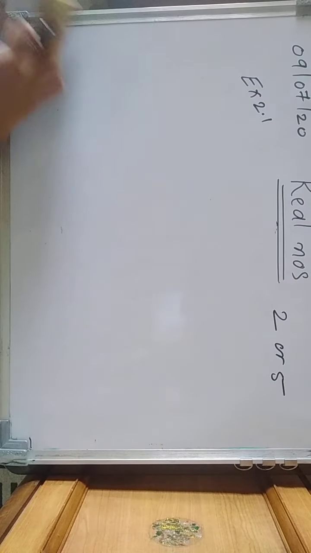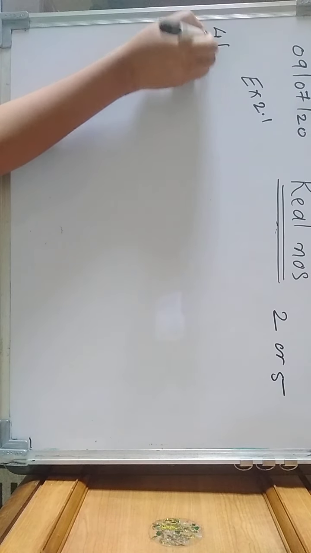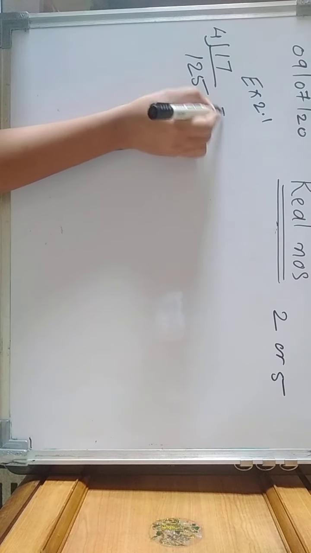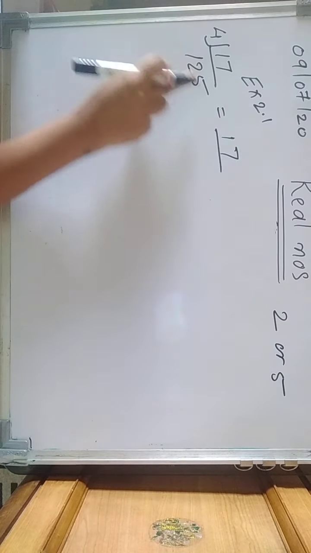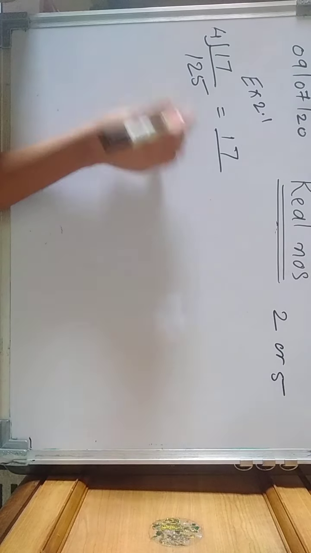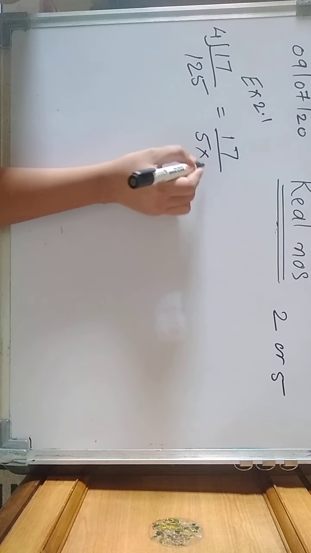The next sum, question number 4, is 17 upon 125. You need to do prime factorization of 125. 125 will be 5 into 25.